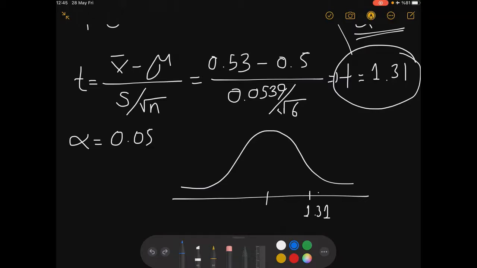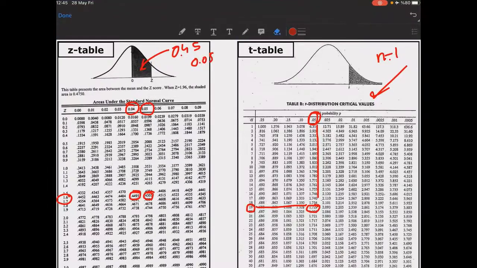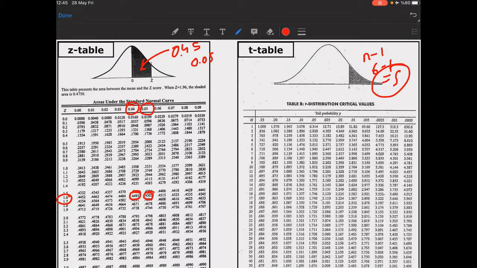We can use the table directly here. But what you have to keep in mind is that it is one-tailed. So you put this directly and calculate for this. And how many did you have here? Do you remember? 6, right? So your n minus 1 is 6 minus 1, your degree of freedom should be 5, right?